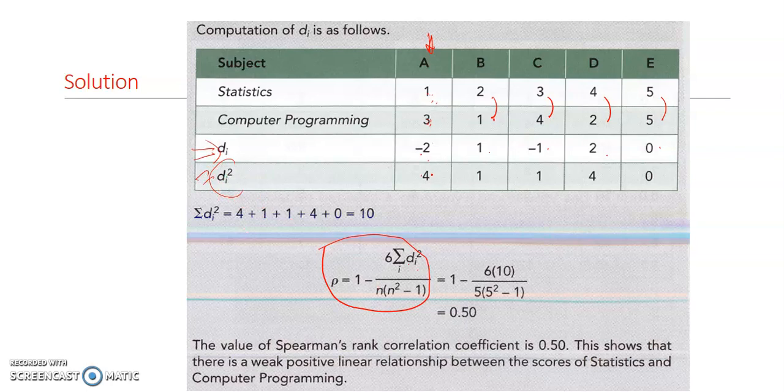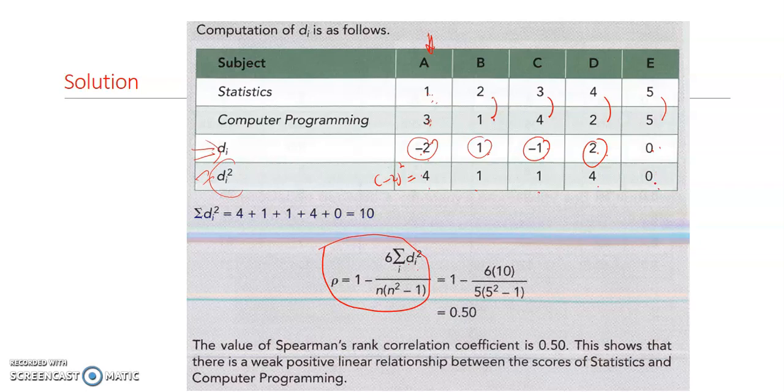So for the first d value, negative 2, so di square, negative 2 square is positive 4. And then for this, 1 square is 1. And then negative 1 square, positive 1. And then 2 square, 4. And the last one, 0 square, 0.